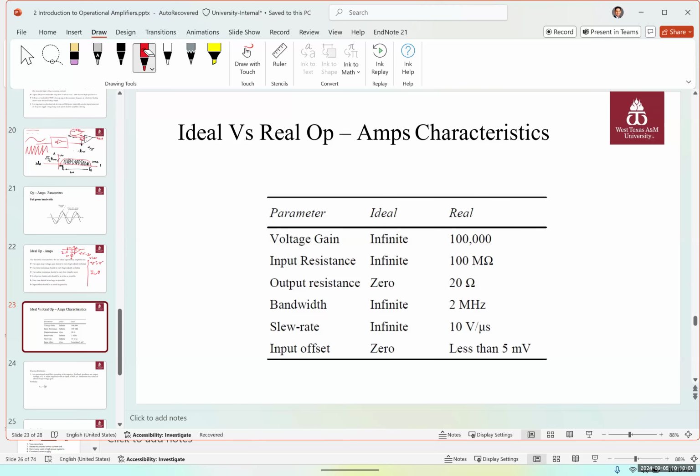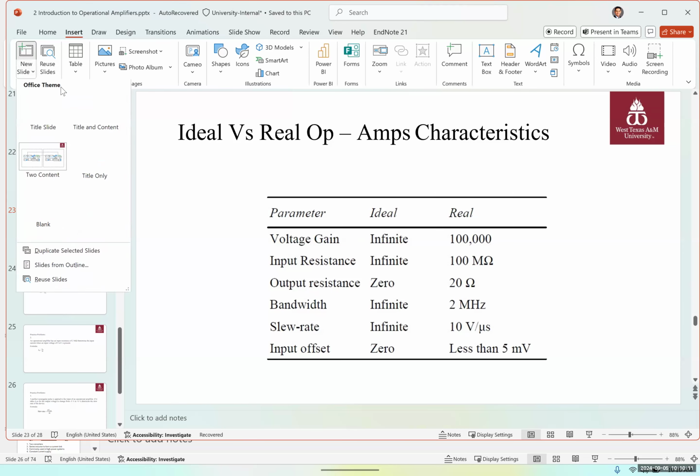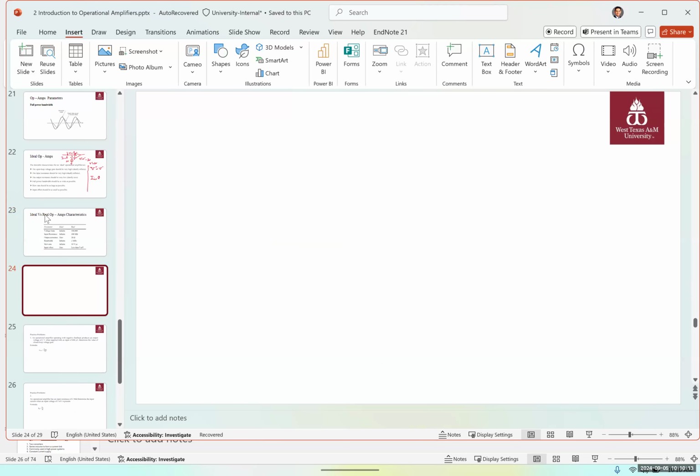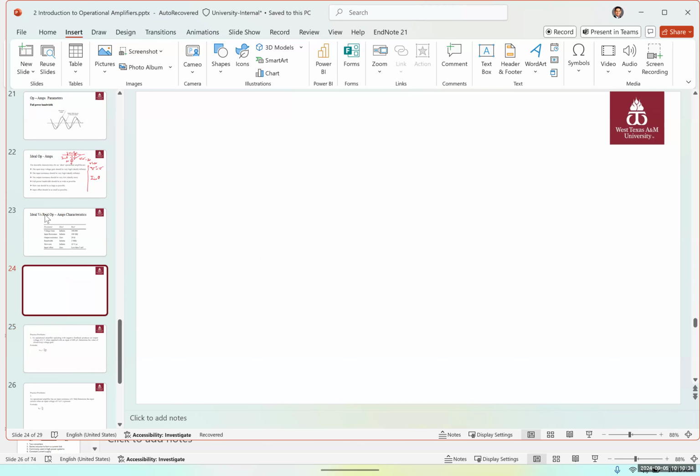So let's solve a practice problem. We have the following op-amp, for example.